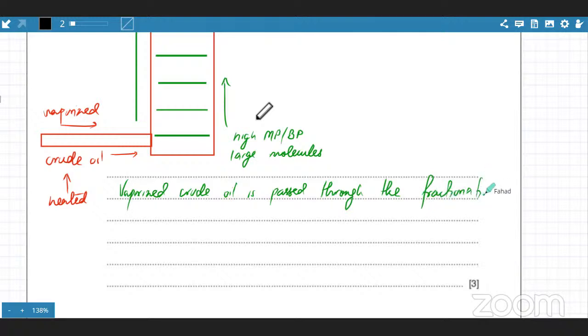Remember to use this word. Where it cools down as it rises. Different fractions have different boiling points.